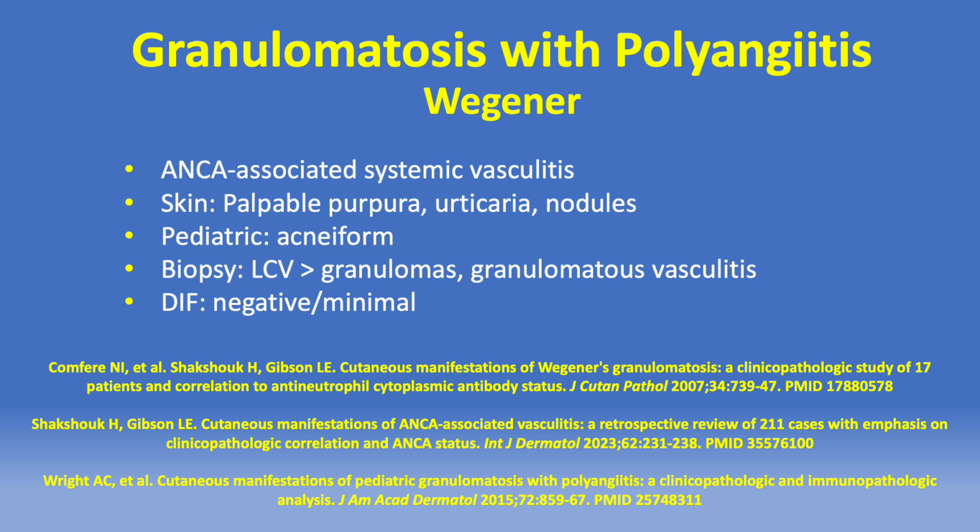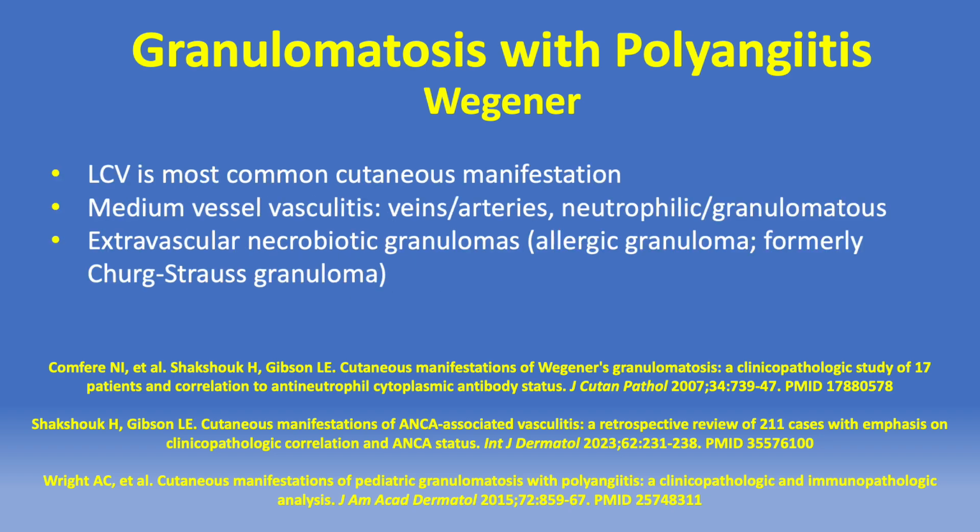And of note, the pediatric subset of GPA is notable for a clinically distinctive presentation as acneiform papules on the face. Credit should go to Dr. Lawrence Gibson and colleagues at the Mayo Clinic in Rochester, Minnesota, for publishing a lot of the large series on GPA, again confirming that small vessel LCV is the most common cutaneous manifestation.